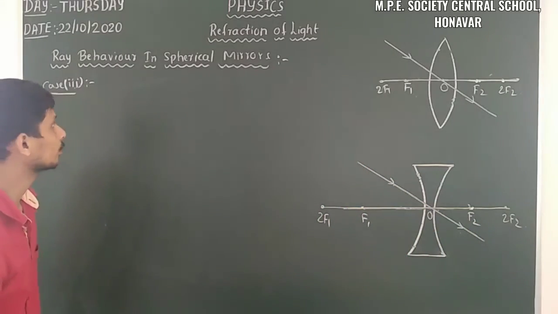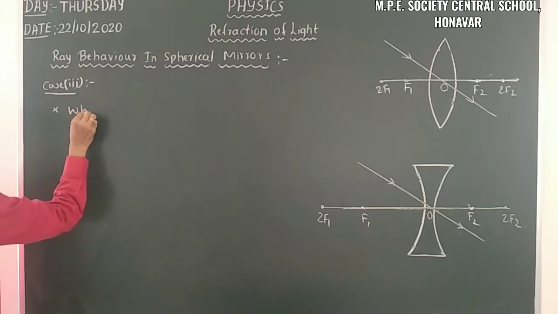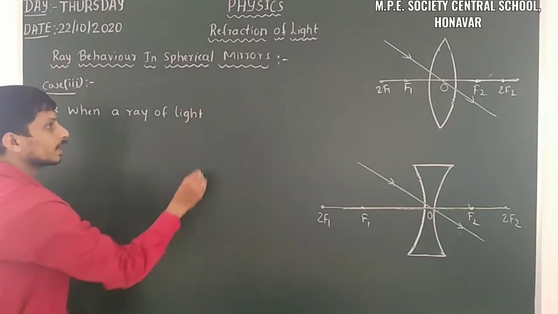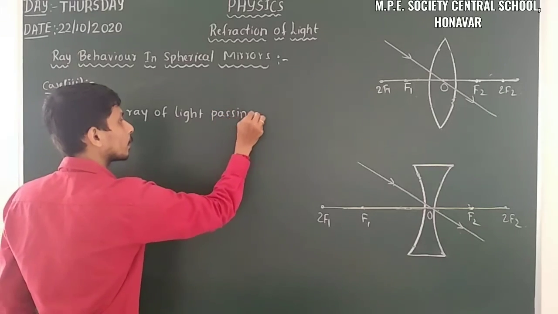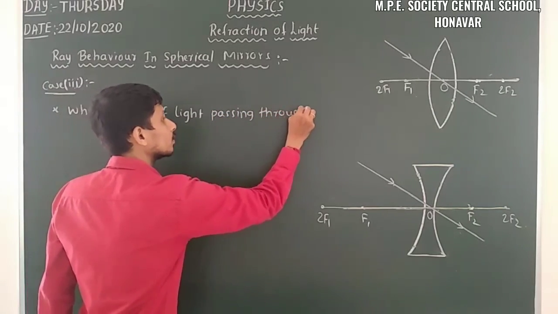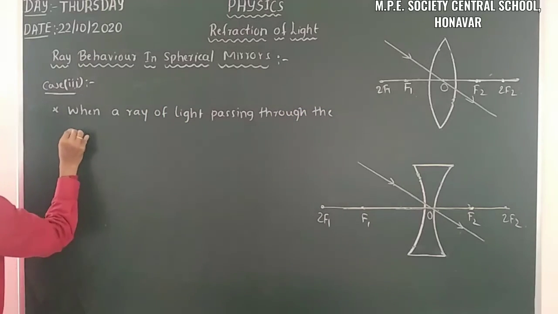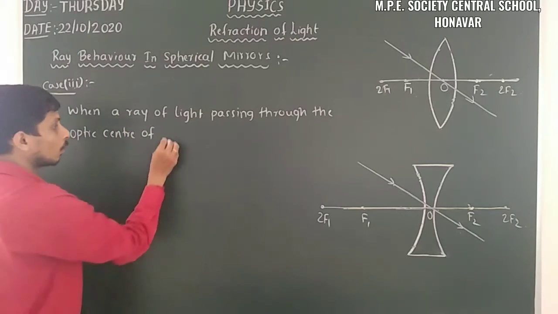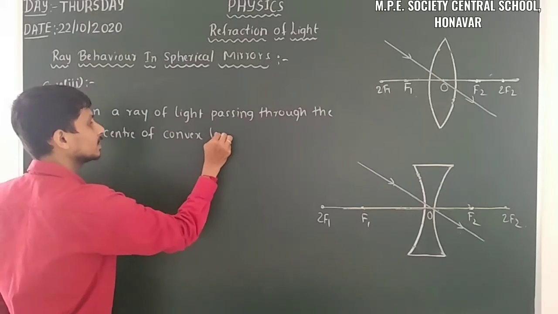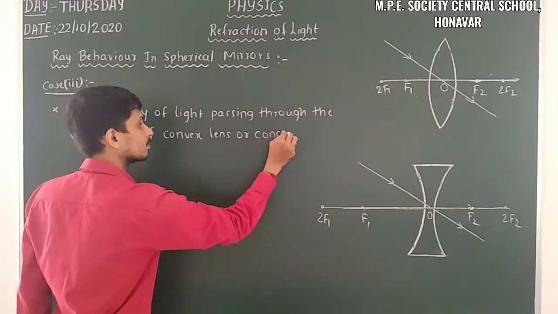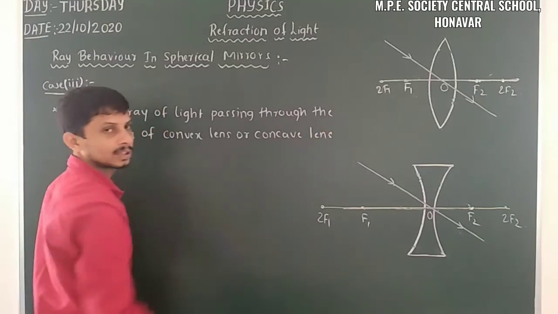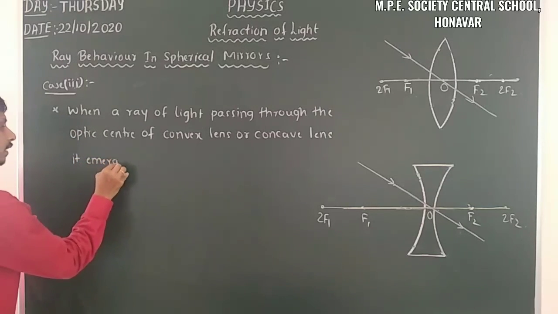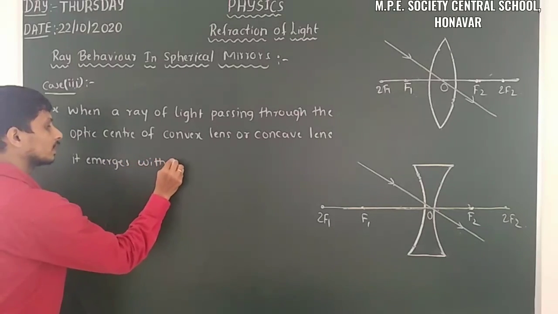So let us describe that one. When a ray of light passes through the optic center of a convex lens or a concave lens, in both cases it emerges without any deviation.